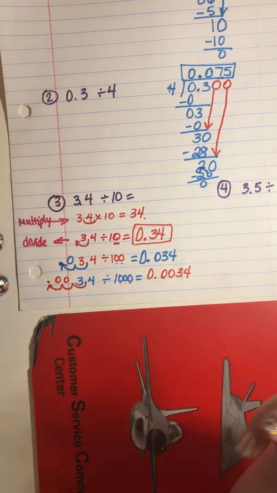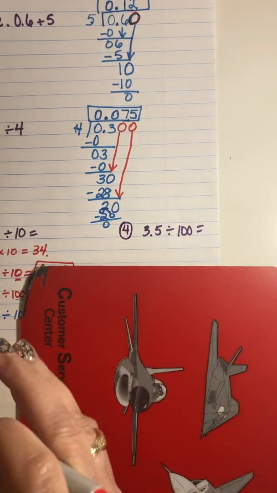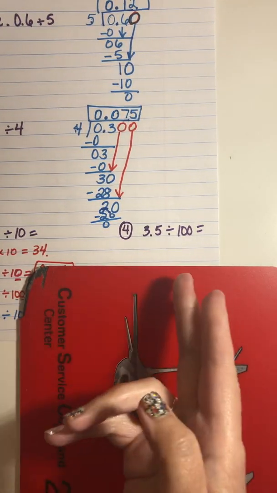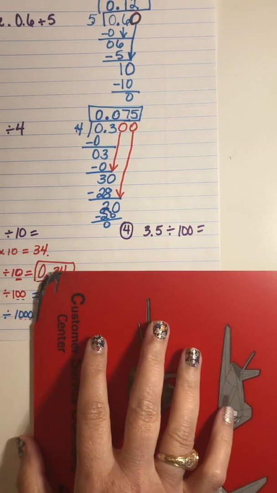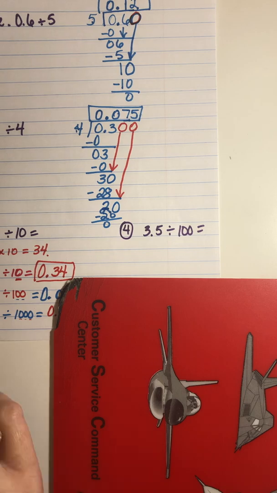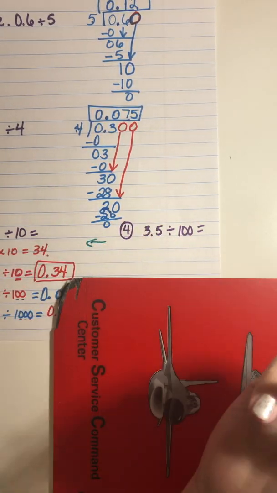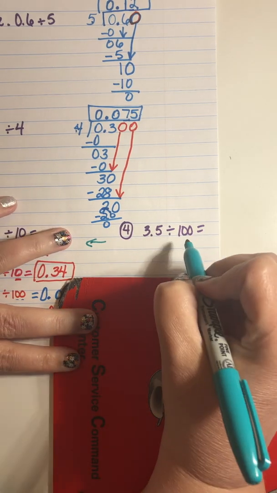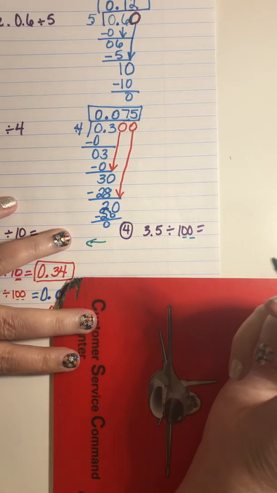Okay? So let's look at another one. 3.5 divided by 100. So I said that when I divide, I'm moving my decimal point to the left. So I have to move my decimal point two places.